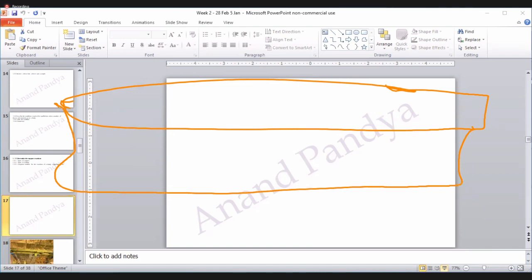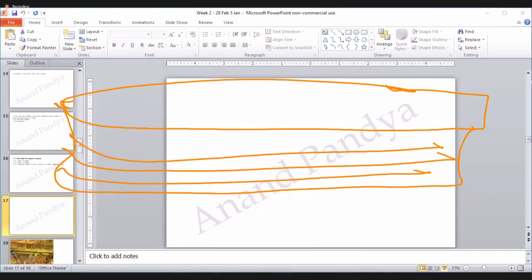Now, ships are even much larger and much more complicated structures. There are members going in a longitudinal direction like this.